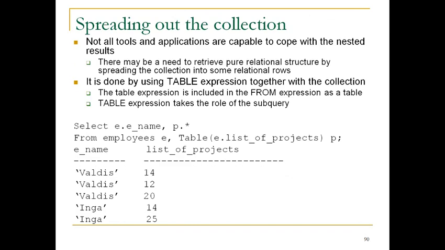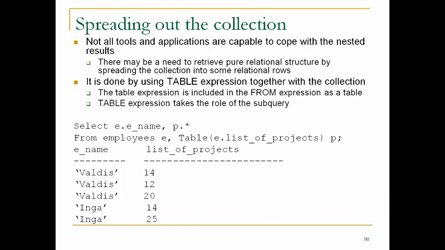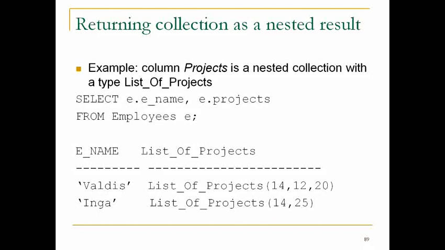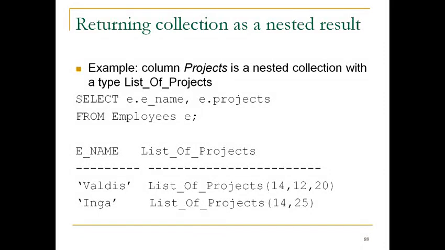The other option is to retrieve each row of this table together with the corresponding row. As you can see, the same employee is now retrieved more than once, as he had 3 projects.